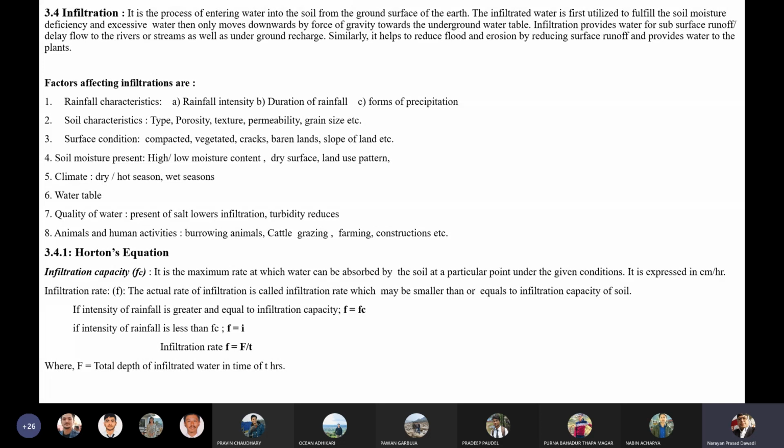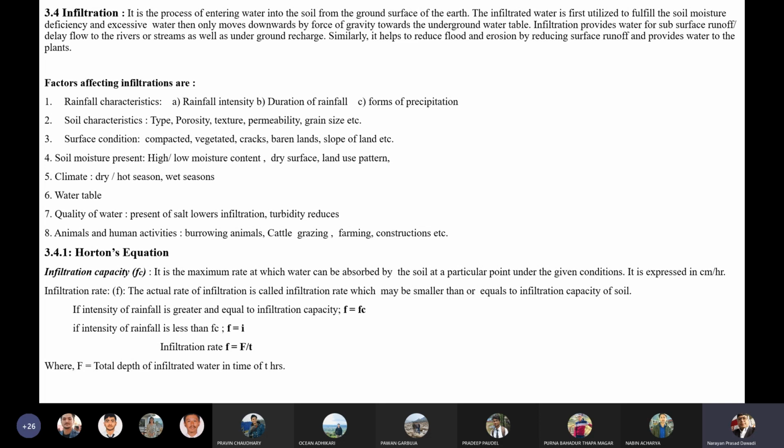Impermeable soil does not let the water seep into the ground, while permeable soil lets water enter the soil. That's why when the soil is more fine, the infiltration rate will be low. If there is a coarse soil, the infiltration rate will be high.